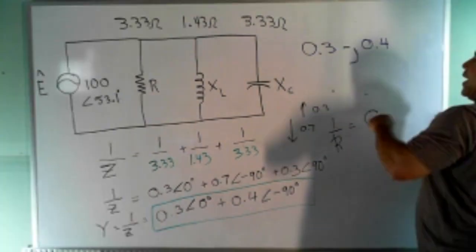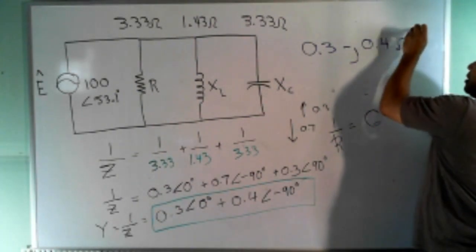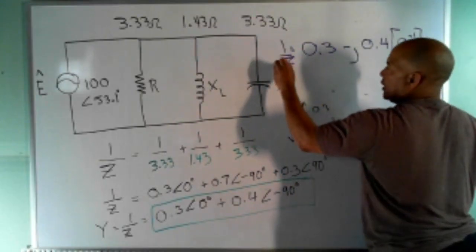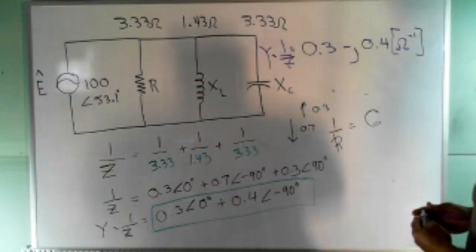Now my angles, remember that's Y, that's 1 over Z, so this is actually inverse ohms. That is equal to 1 over Z, which is equal to Y. So there it is in rectangular form.